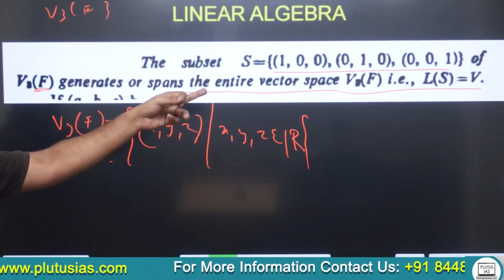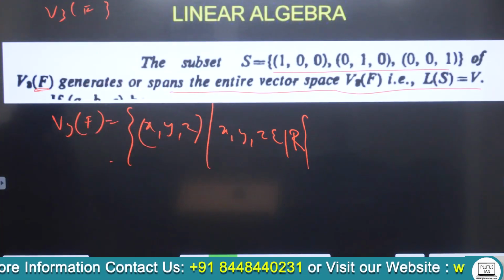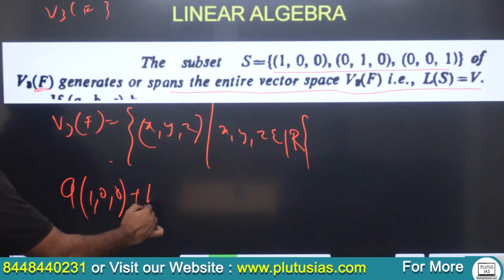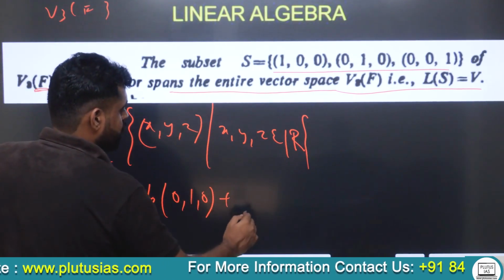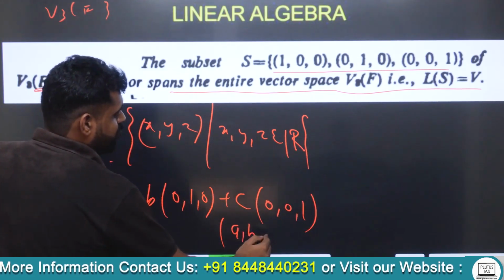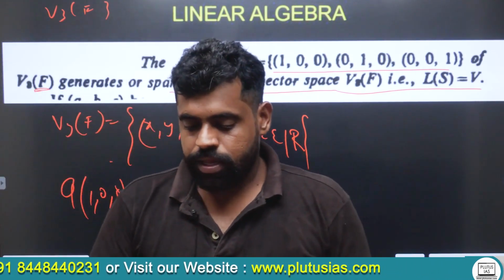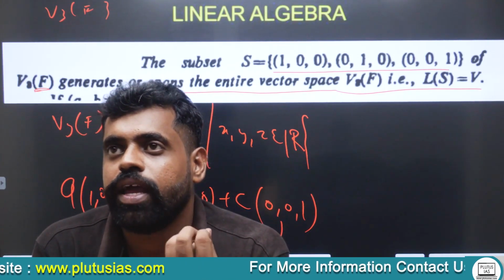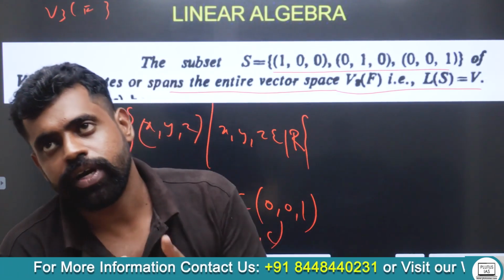This is the vector space. Is it true? Yes, it is true. If you want any element, say you want A, B, C, so what do? A times 1, 0, 0 plus B times 0, 1, 0 plus C times 0, 0, 1, this will get A, B, C. So it says that linear span of S is equal to V. The whole linear span is equal to V. It is true.